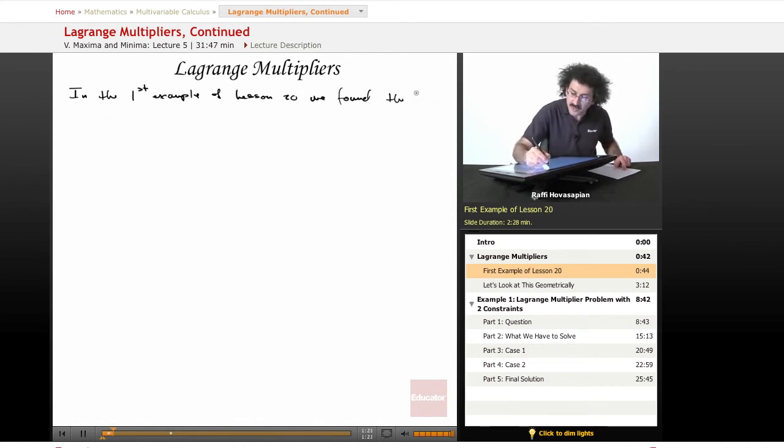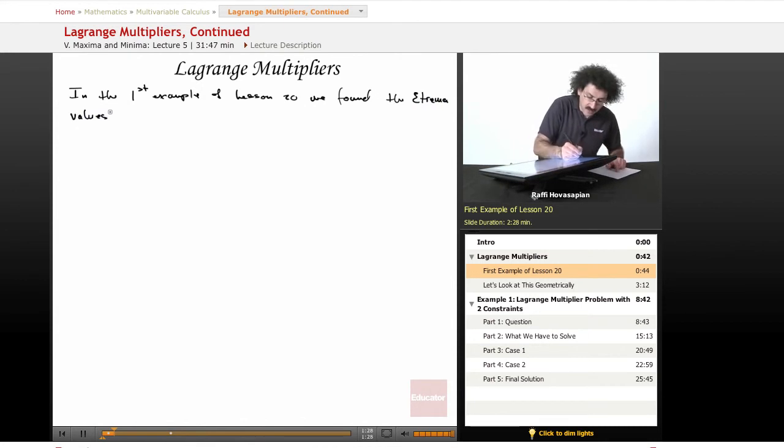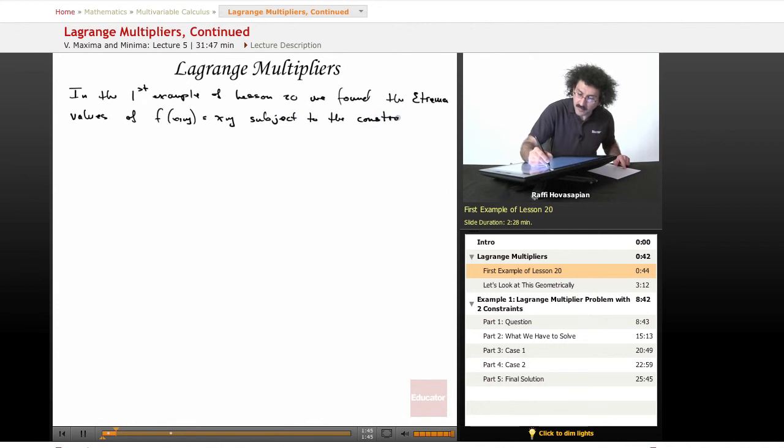We found the extrema values of f of x y, and if you recall, that function was equal to x times y, subject to the constraint that the point x y must also satisfy this function g of x y, which was x squared over 8 plus y squared over 2 equals 1.